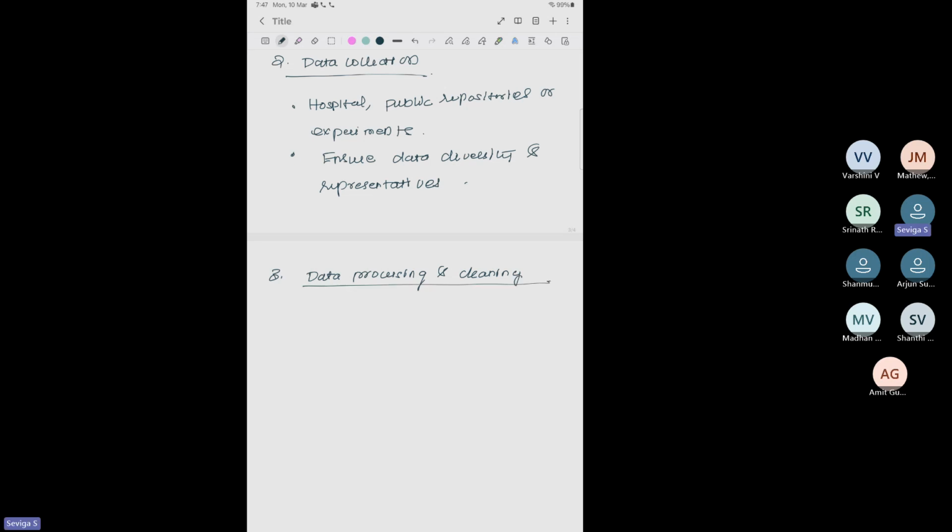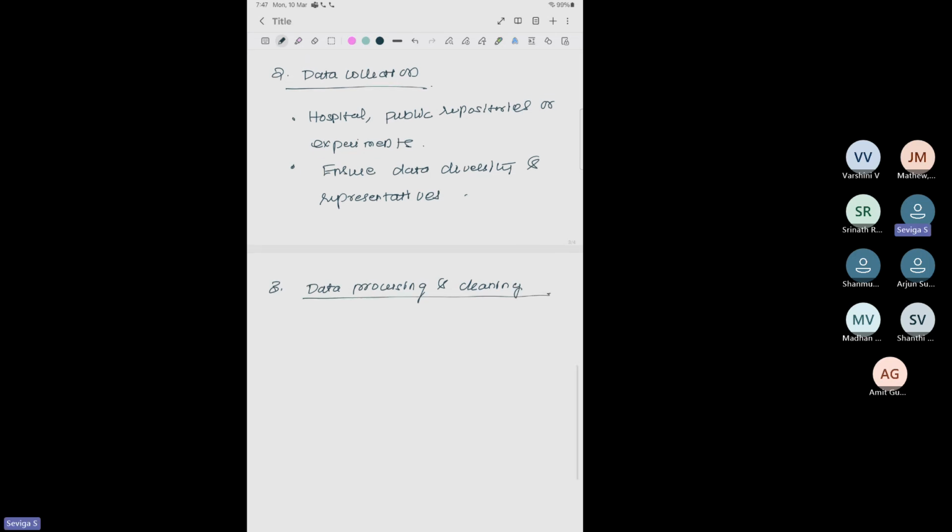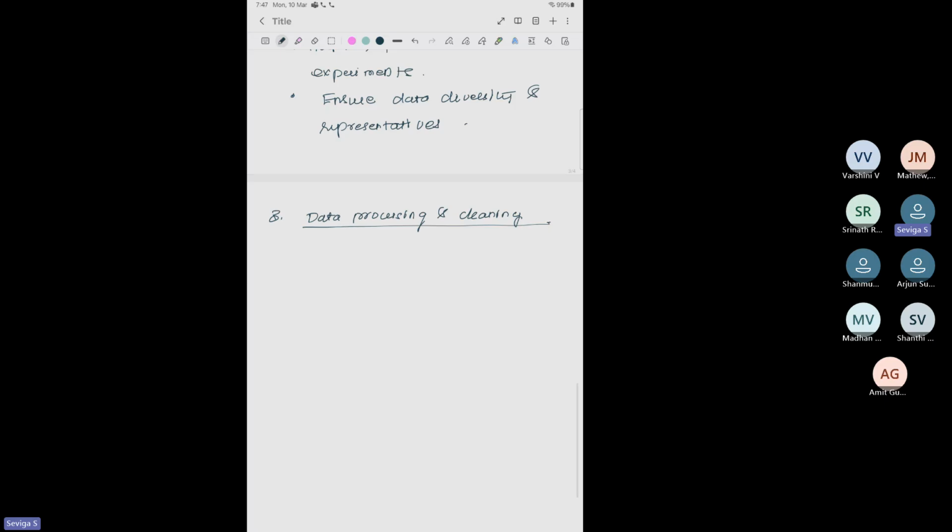In data processing and cleaning, what are the things you will do? This is the most important step. Even machine learning models you can get, but data preparation and processing is where the majority of your work will be.